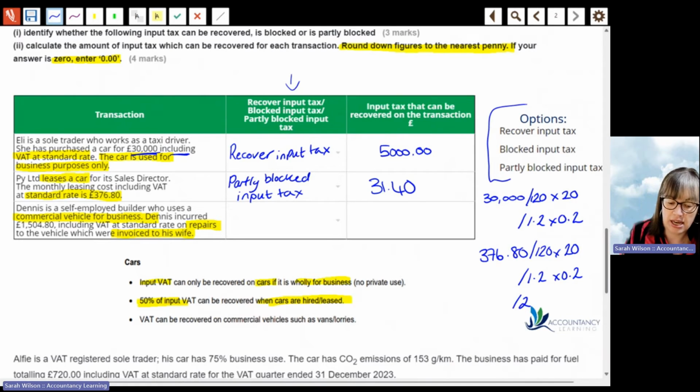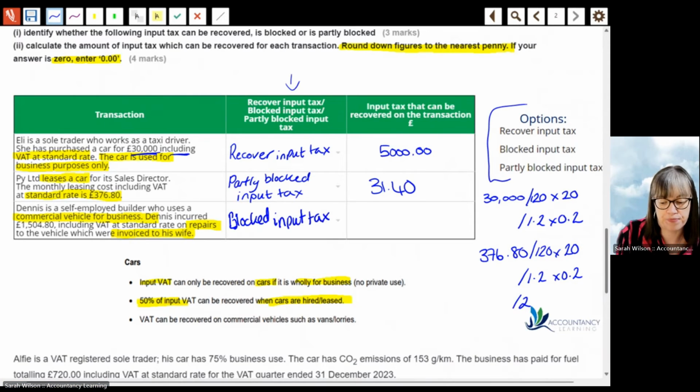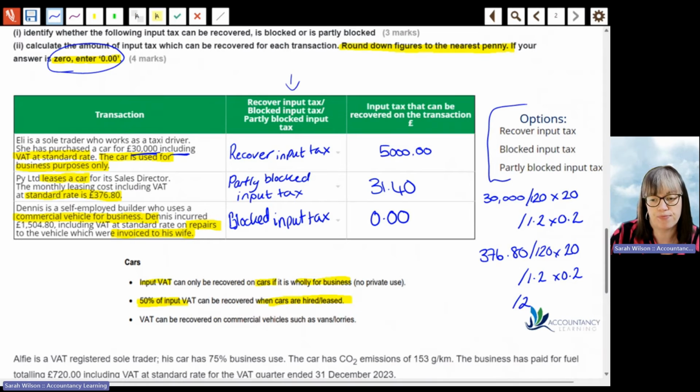So actually, although the commercial vehicle is for his business use, it's blocked for VAT because it's invoiced to his wife. And now remember here, we need to finish off this question by remembering this bit up here is to put 0.00.